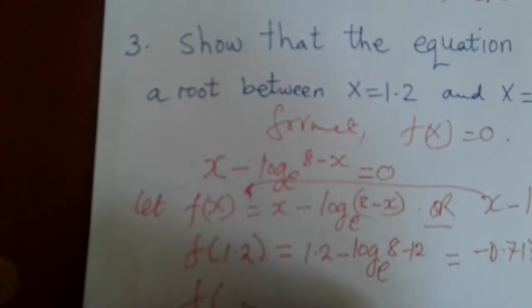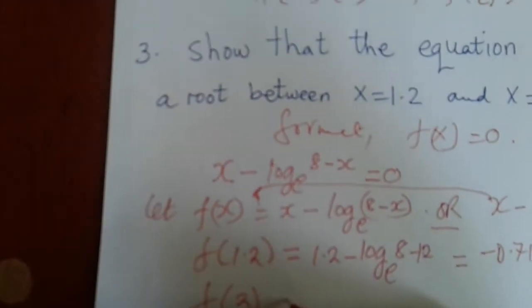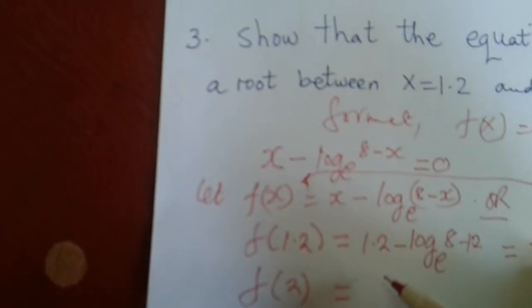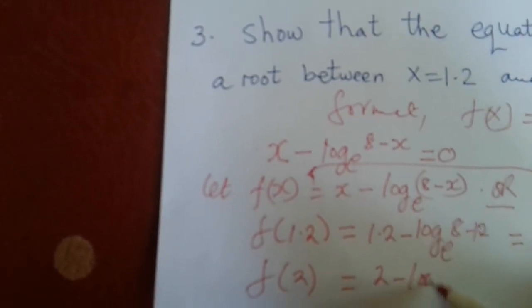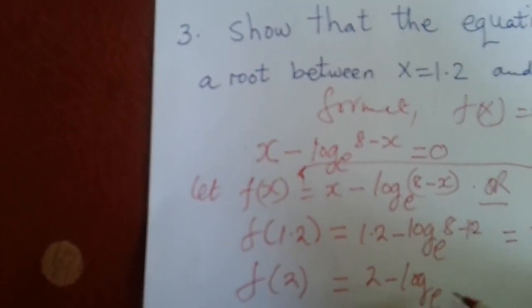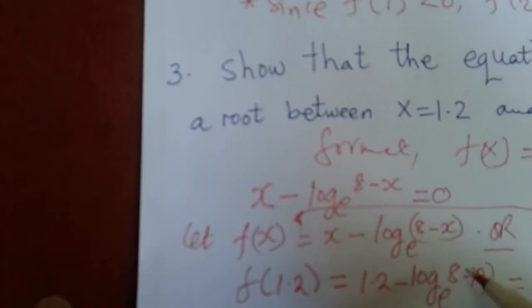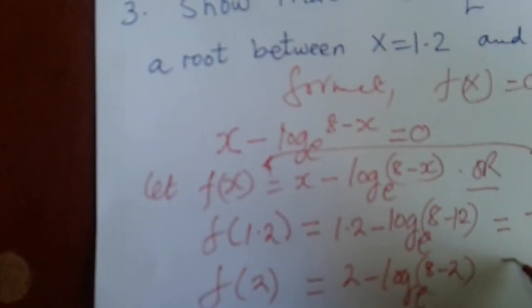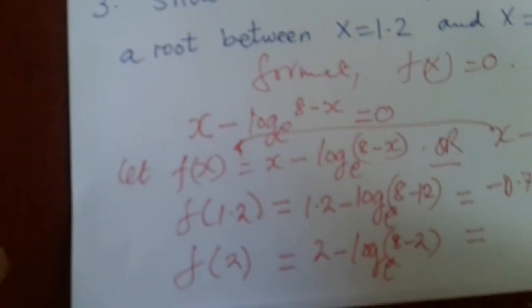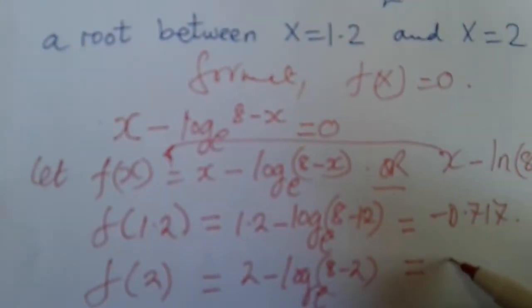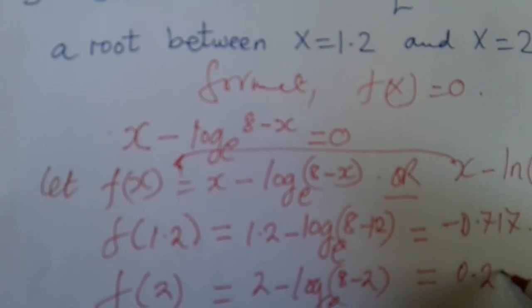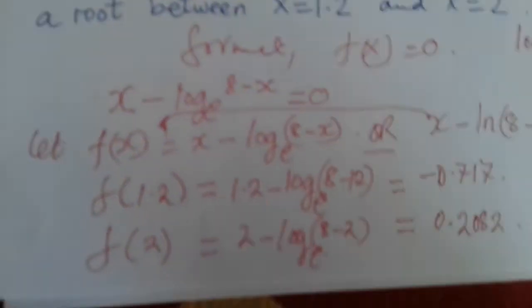Let's now put 2 and see what we shall get. It is 2 minus ln, or log base e, of 8 minus 2. This one gives, put in your calculator, you'll be able to get 0.2082.